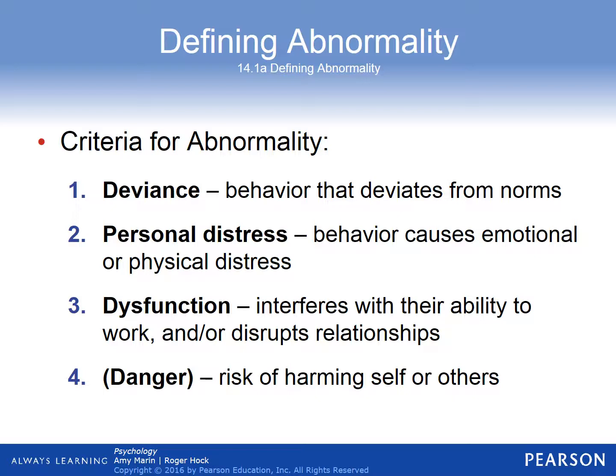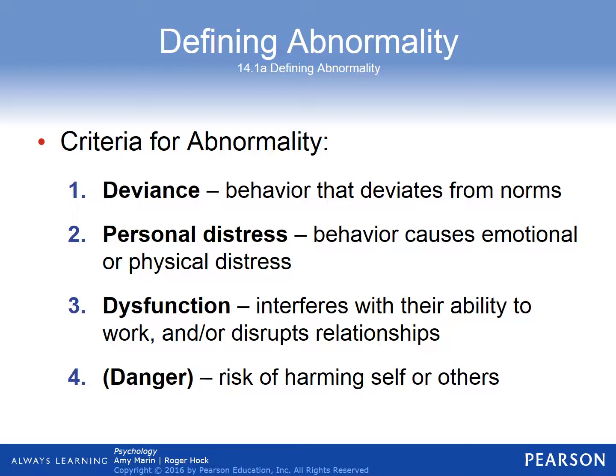The risk of harming yourself is higher if you are mentally ill, especially specific mental illnesses. But again, it can be a bit misleading to label people who are mentally ill as being dangerous. So I always put that in parentheses because I don't really like that one. I think it's very stereotypical and misleading.